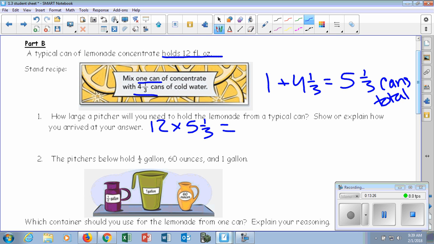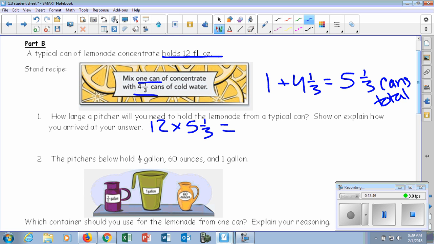So we know we have a total of 5 1/3 cans, and we have to multiply it by the amount of fluid ounces in 1 can. So when I do that, what do I get? 60 1/3. I'm sorry? 60 1/3.